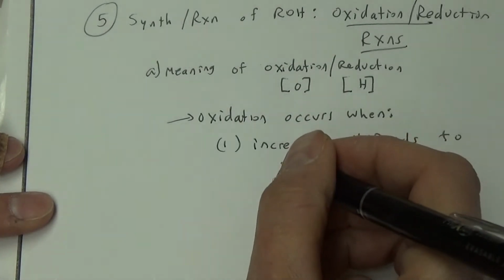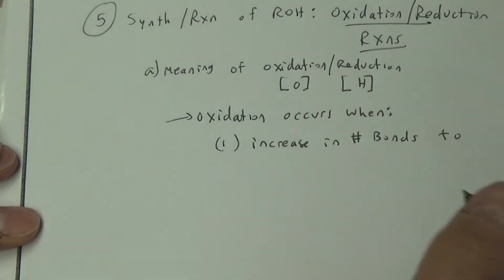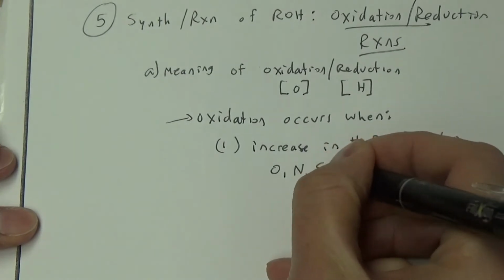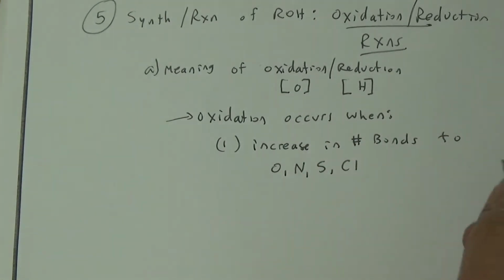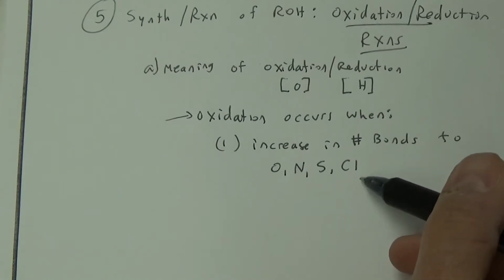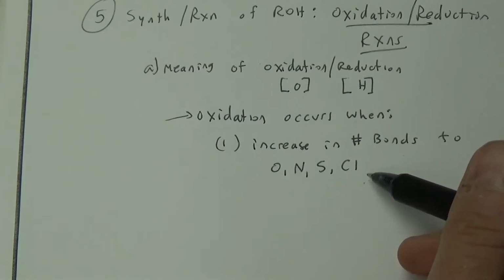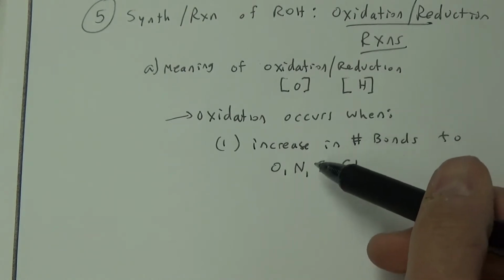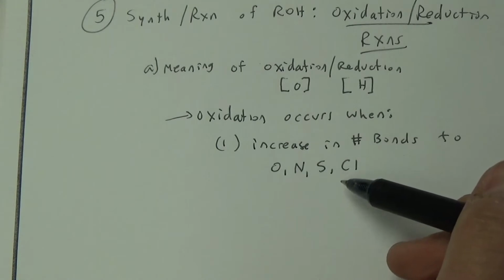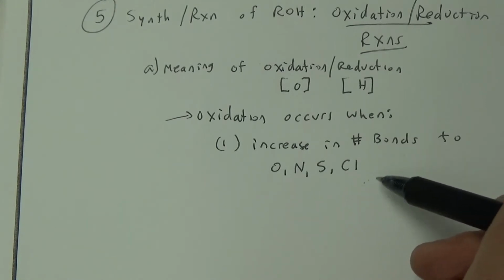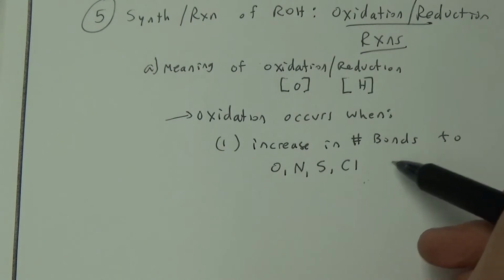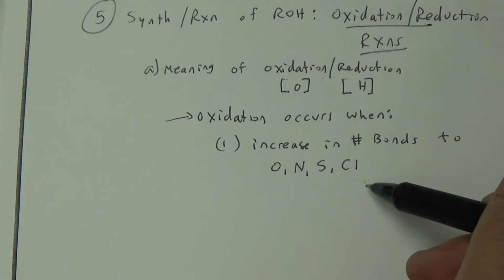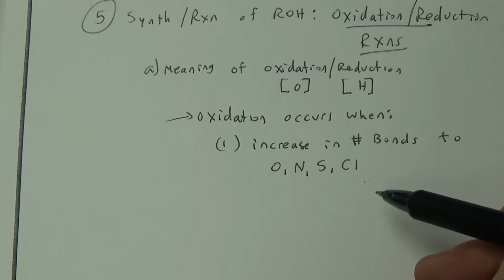What are some of these atoms that are more electronegative than carbon? It could be oxygen, nitrogen, sulfur, chlorine. So if you go from 0 bonds to chlorine to 1 bond to chlorine, we've seen that before in chapter 3, that's also considered an oxidation. If you're increasing the number of bonds to these atoms, whether from 0 to 1, or 1 to 2, or 2 to 3, all of those are considered oxidation reactions. Oxidation occurs when you increase the number of bonds to oxygen, nitrogen, sulfur, chlorine.